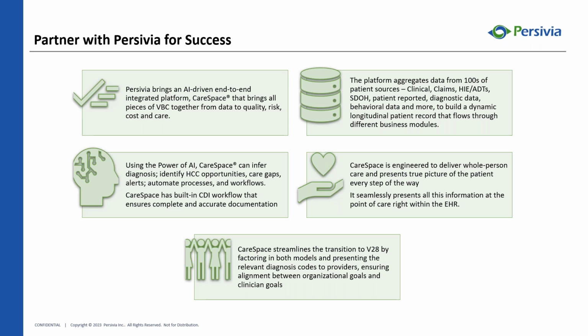And at the heart of CareSpace is our AI engine called Soliton, which does all the magic with the data that's collected and drives highly relevant and clinically actionable insights. It helps automate workflows and processes, and it also has a built-in CDI workflow that ensures complete and accurate documentation. And at Persivia, we also support all VBC initiatives that any organization might have.